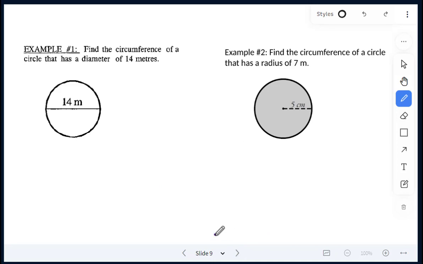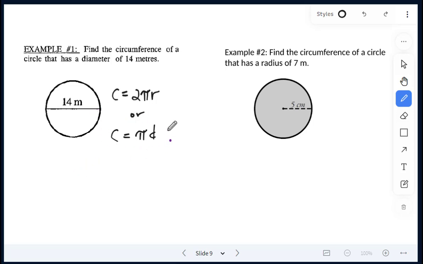So let's take a look at our first example here. Find the circumference of a circle that has a diameter of 14 meters. So like I said, you can use either of those formulas. So you can use circumference equals 2 pi r, or you can use circumference equals pi d. So in this question, we are given the diameter. The diameter is 14 meters.